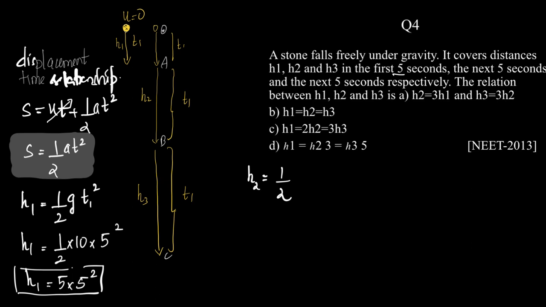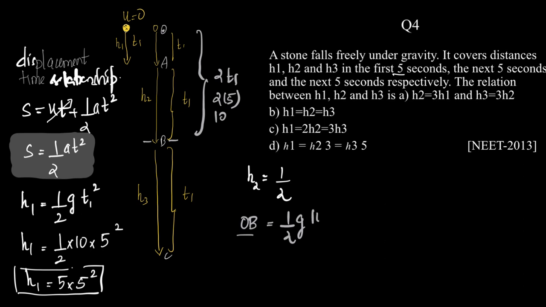When the object has covered distance OB, the time was t1 plus the next t1, which is 2t1. Since t1 is 5, this is 2 into 5, which is 10 seconds. So when the object was at OB, OB is equal to half into g into 10 square, with g taken as 10, so 5 into 10 square.